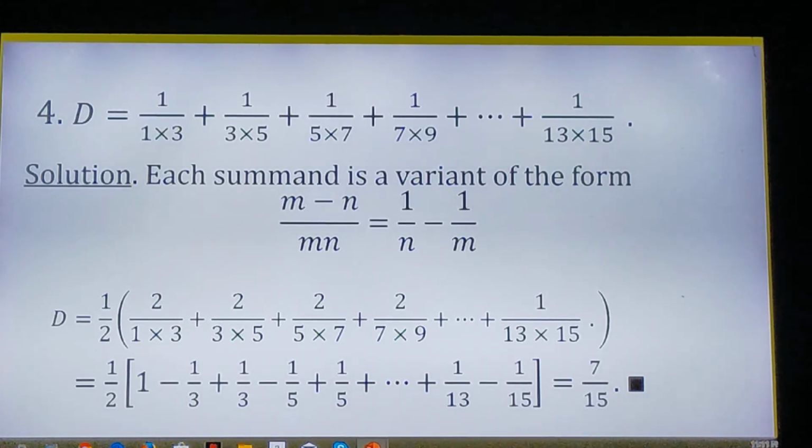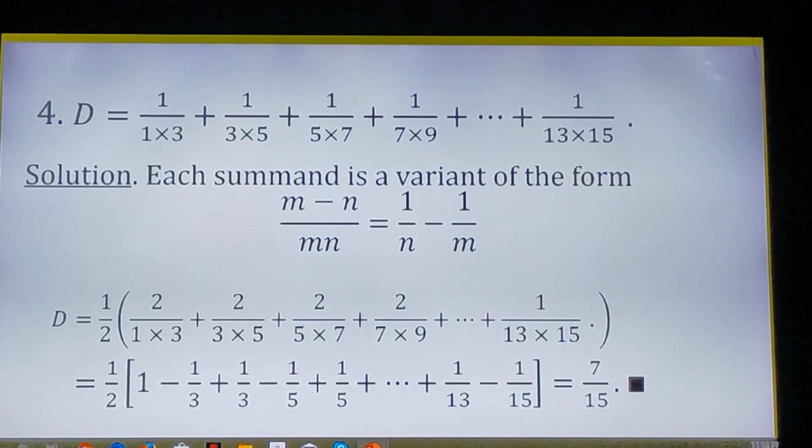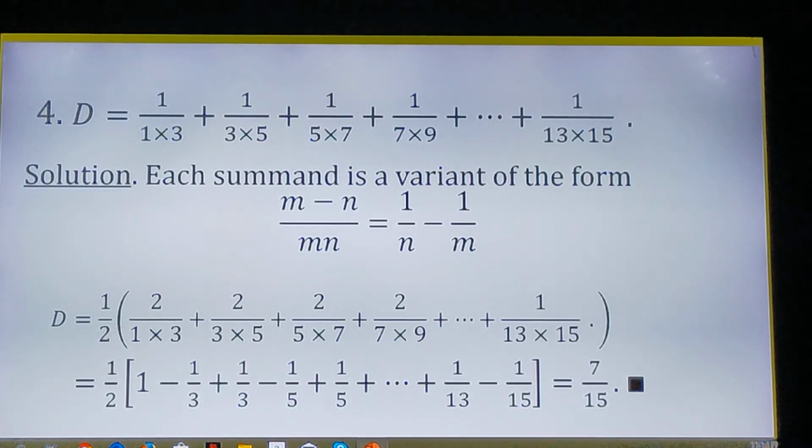Now the difference between the multipliers in the denominators is 2. So we put a 2 in the numerator of each fraction, but we compensate for that by putting a 1/2 outside of the parentheses, and each fraction inside the parentheses can now be written as the difference of two other numbers.